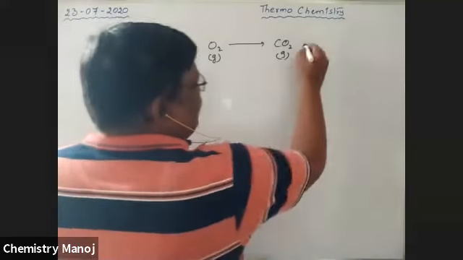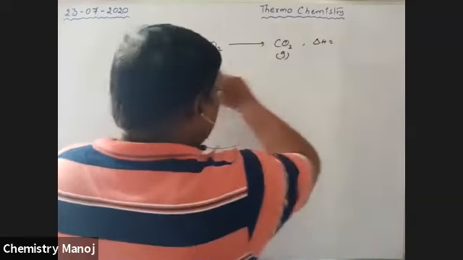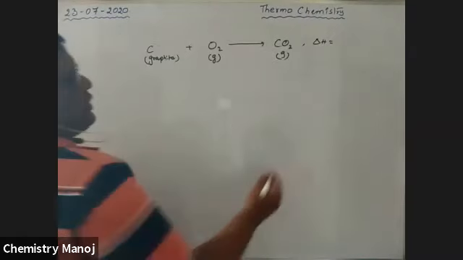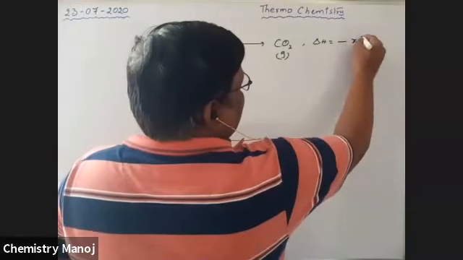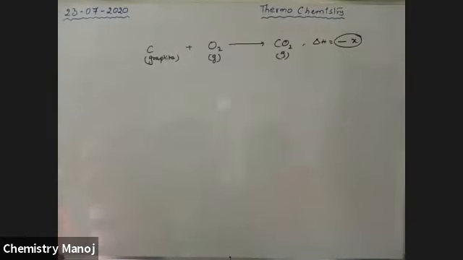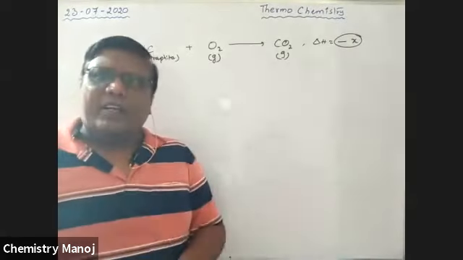During this process, there is a heat change because of combustion; heat energy will be released. Let the released energy be X. Actually it is 393 kilojoule per mole, so we take that as minus X. Minus means heat released. Combustion energy is always released energy.